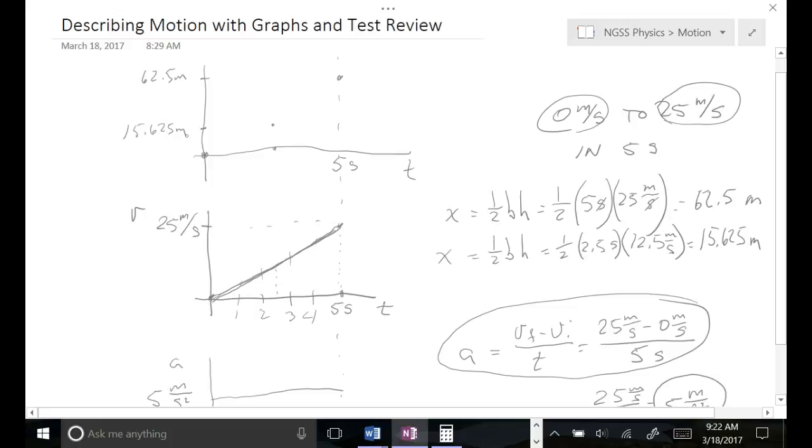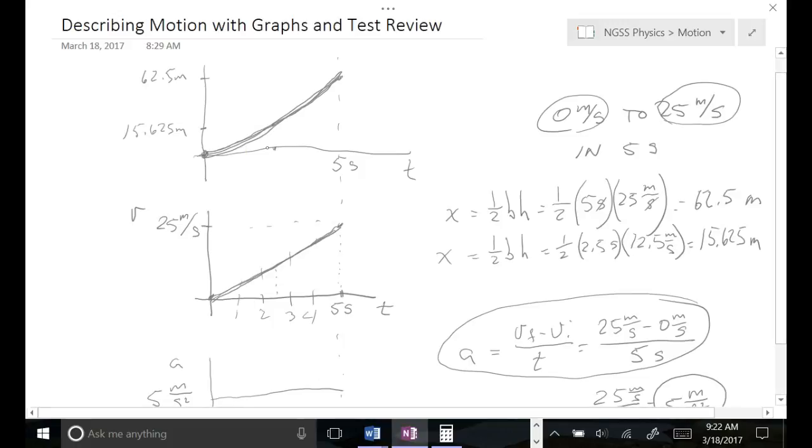I'd like everybody to notice that this is not a straight line, right? So if I do this, I get a sort of a curve. This is a parabola. You'll also notice that in the first half of the time, we move through only 1/4 of the distance.